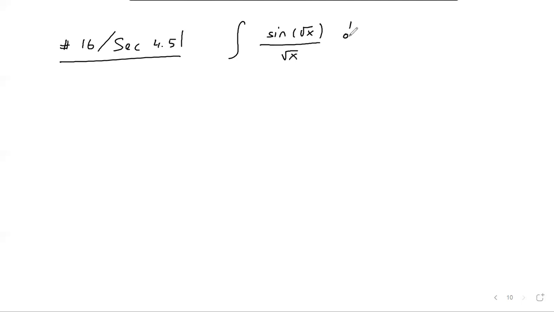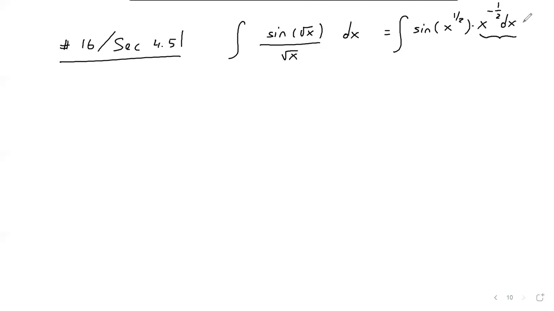Now let's sort this out before we do anything. So this is the integral. Let's write it out this way: sine of x to the 1/2 times, and instead of writing here over square root of x, I'm going to say x to the negative 1/2 dx.